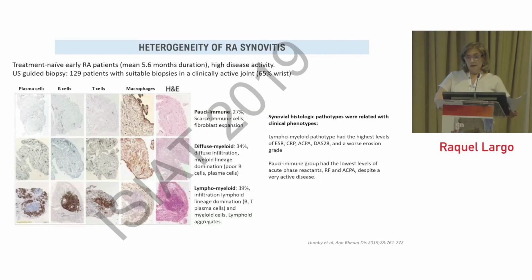They obtained a biopsy at baseline and stained the different cells, plasma cells, B cells, T cells, macrophages, by immunohistochemistry, and studied the localization, the amount of these cells, and the structures that these cells form in the synovial tissue. And as you can see here, there are different patterns of accumulation of these cells in the tissue.